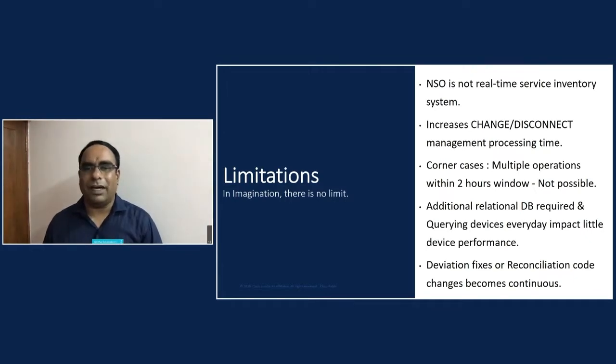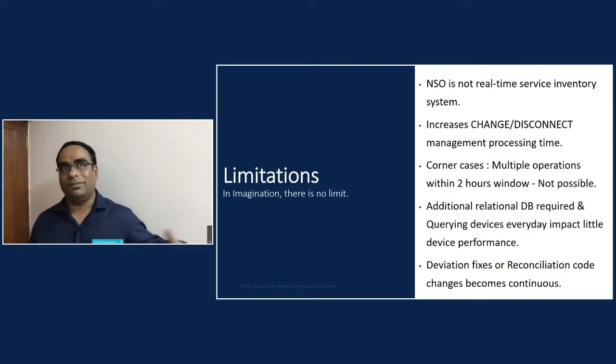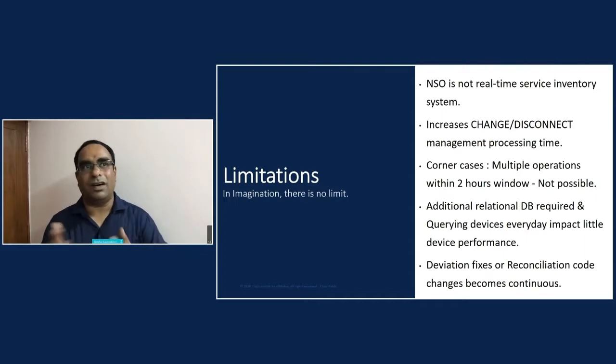There is a requirement for an additional relational DB because we don't want to put that extra burden on the existing NSO system, because every 2 hours it runs and keeps updating. While updating, whatever customer orders keep coming will be piled up. We can't process both customer orders and this cron job together, because we have only one write thread at a time.